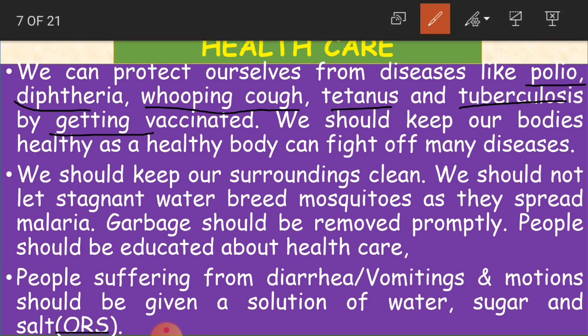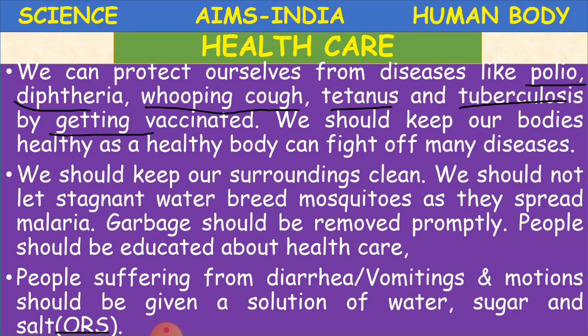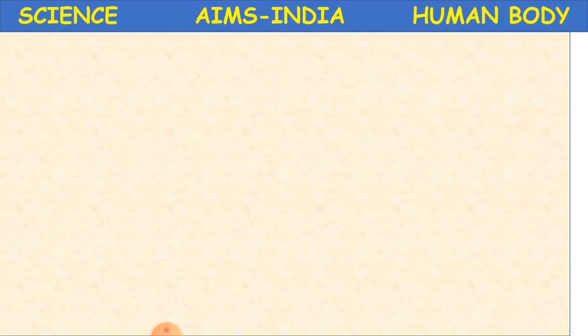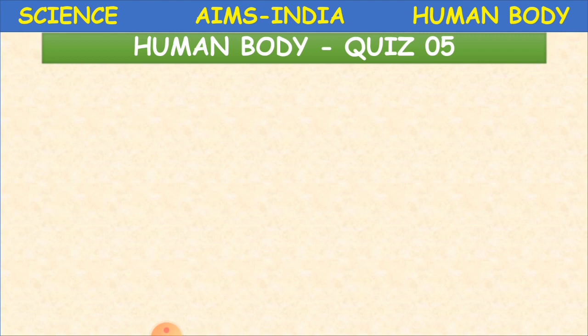So you might have heard about this. Yes? So now, until now, what we have learned, children, about the diseases, is that we have two types of diseases. Because of that, we have to take care so that our body is not affected with any type of disease.